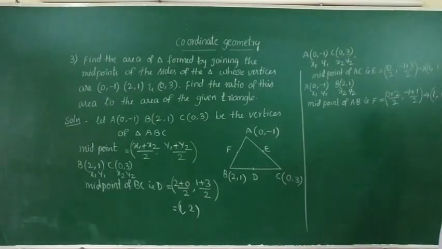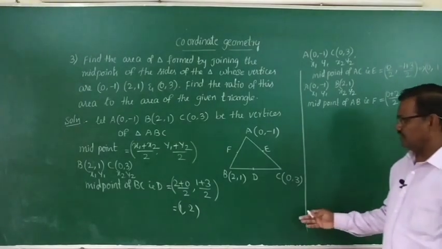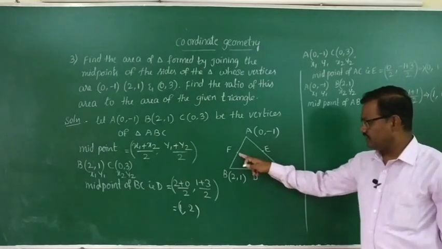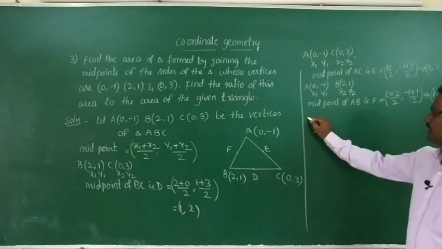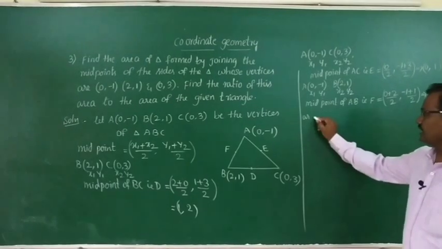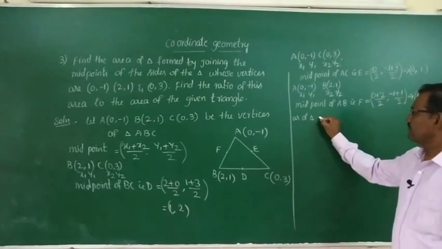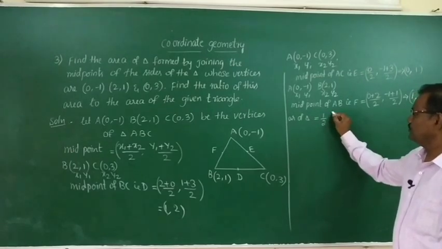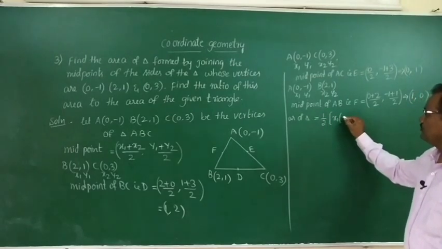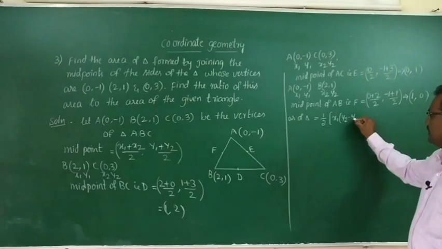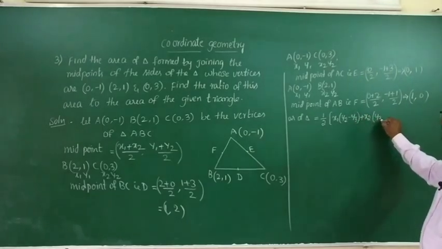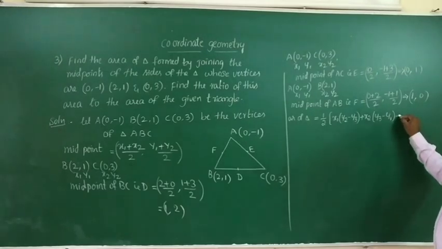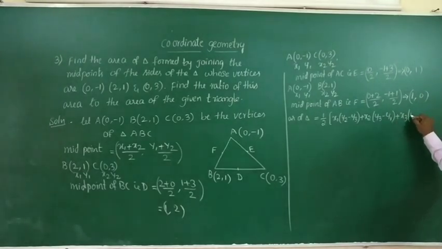Now we have to find the area of the triangle formed by joining the midpoints. The area of a triangle formula is half into x1 into (y2 minus y3) plus x2 into (y3 minus y1) plus x3 into (y1 minus y2).